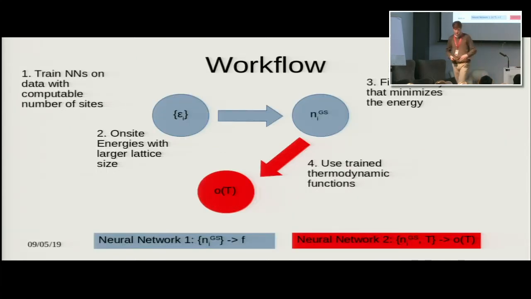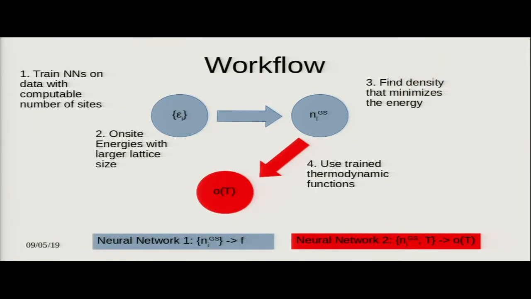So using all of this, you can combine them into this workflow. The first step is we train 2 neural networks. We have some lattice size. We train one neural network, which takes the ground state site occupations and predicts the universal function. From this, we can work out the total ground state energy. And then we train a second neural network, which takes in the ground state site occupations with a temperature and gives out the expectation of some operator at that temperature.